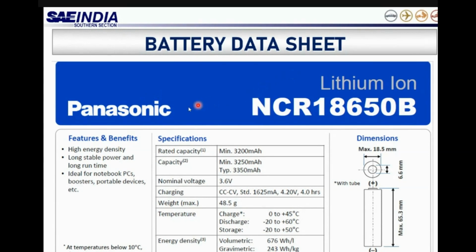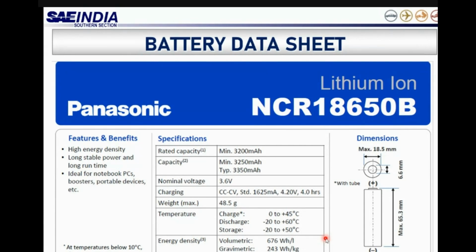The supplier you are approaching may not be as standard as Panasonic, LG, or other companies providing batteries, but try to get the data sheet first, do an analysis, look at the parameters present in the data sheet, and compare between the cells. This is going to be an exercise for you while you choose your battery pack.